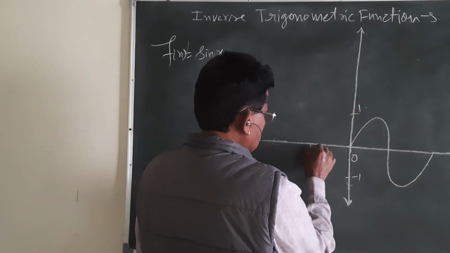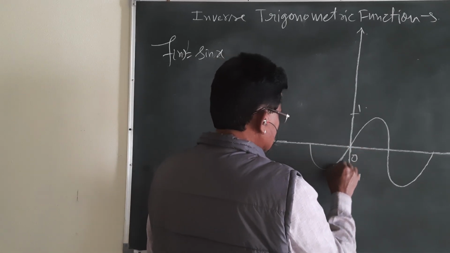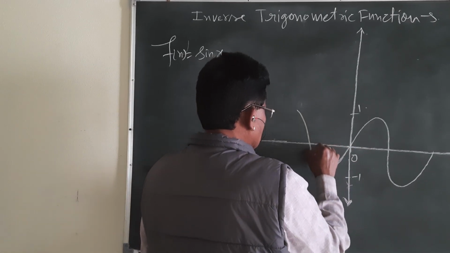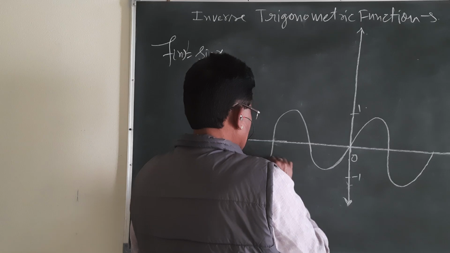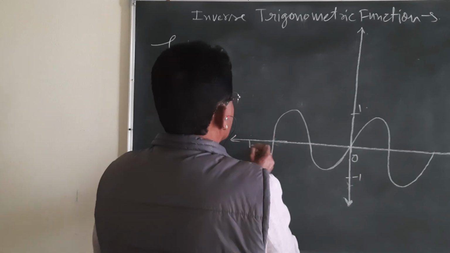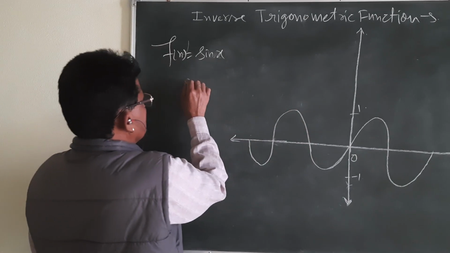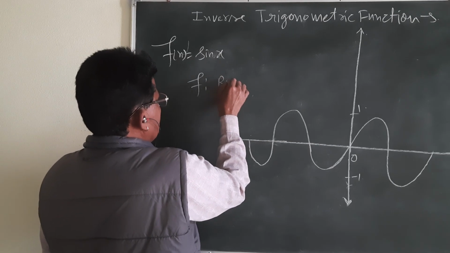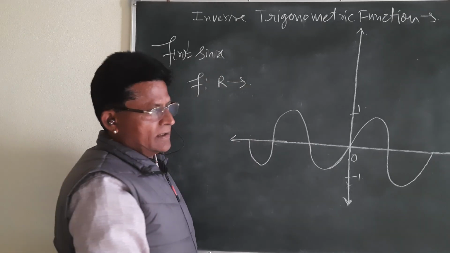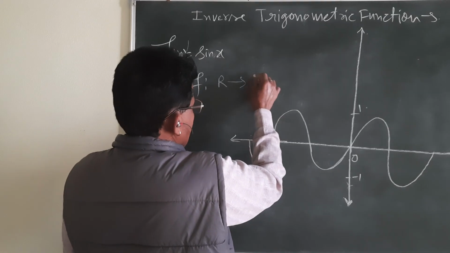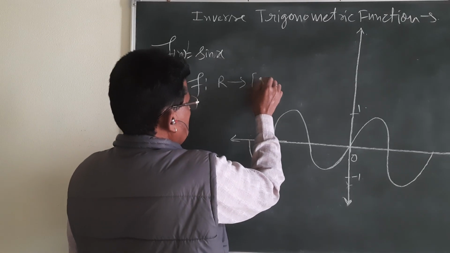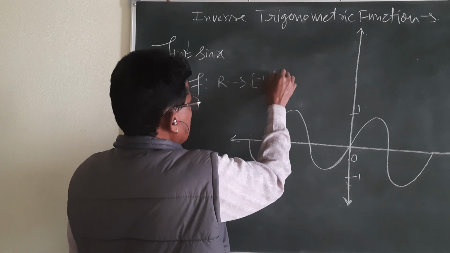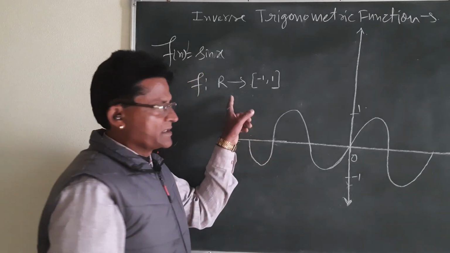Here, student, try to understand, the domain will be the set of real numbers, and the codomain or range will be from -1 to 1.